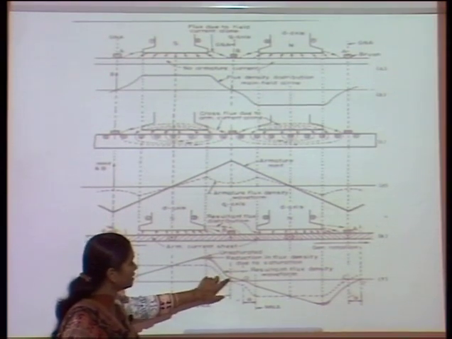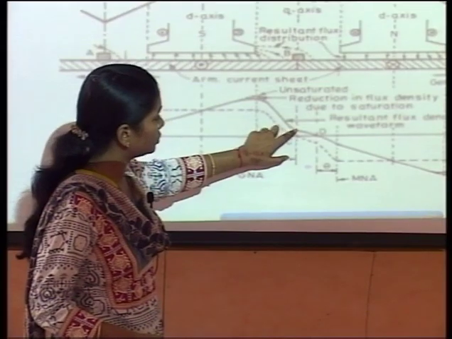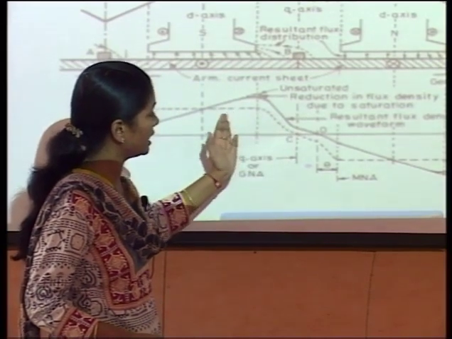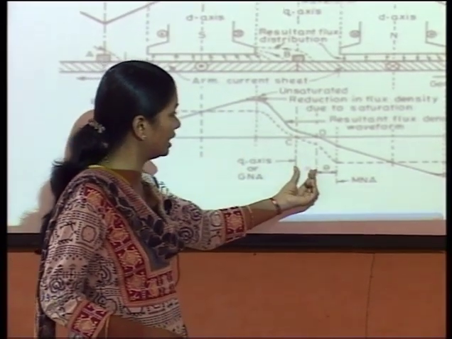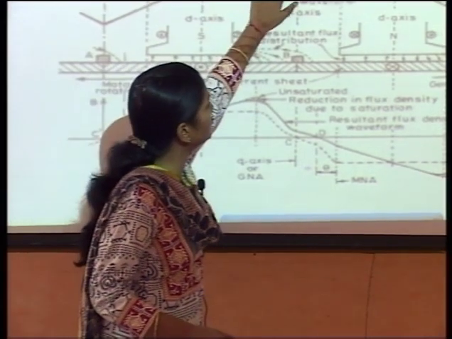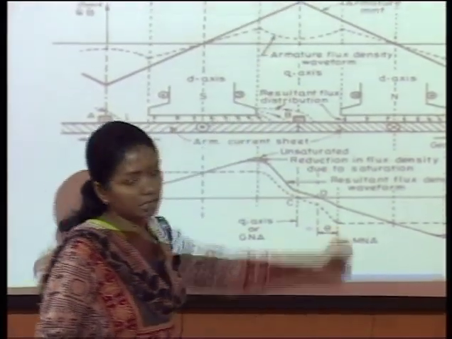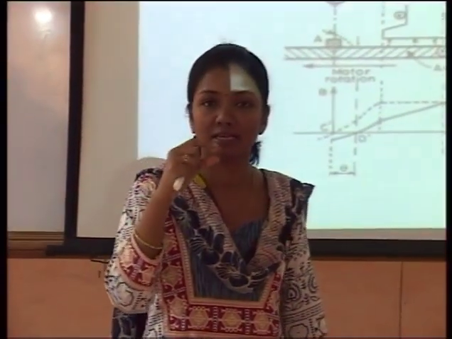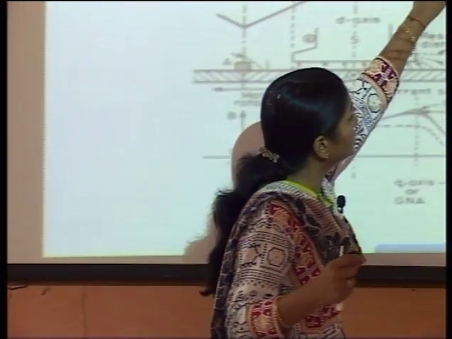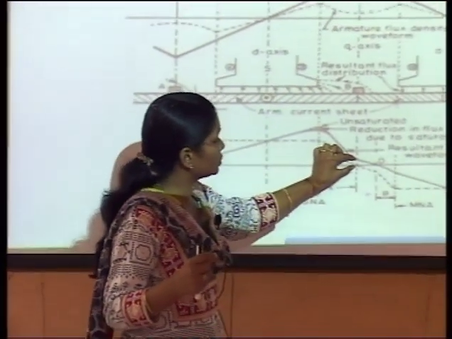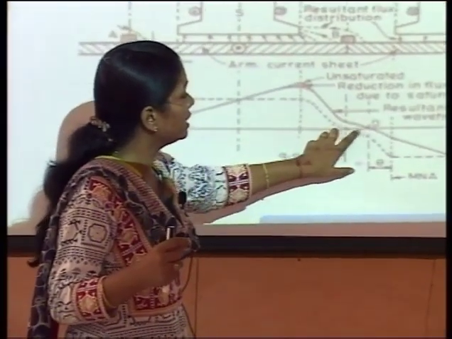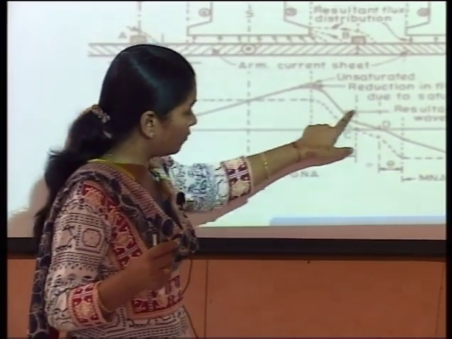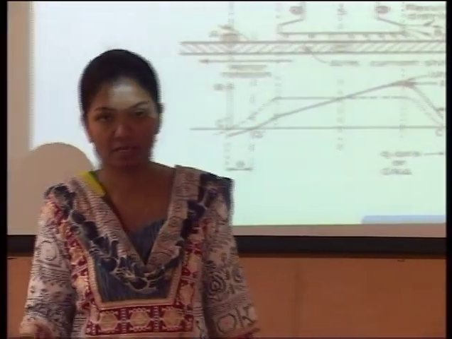I have explained earlier that the neutral axis of the machine has been shifted by the amount theta because of the existence of armature flux in the interpolar region. In the interpolar region, some flux density is there, and because of this, the zero crossing of the flux density has been shifted. So, the development of flux in the interpolar region is called the cross magnetizing effect of armature reaction.